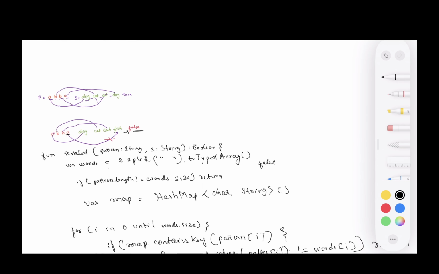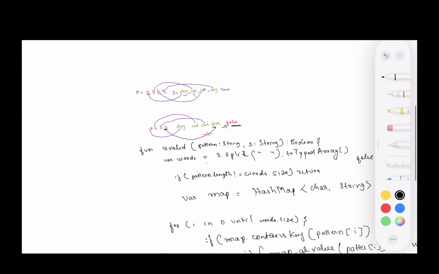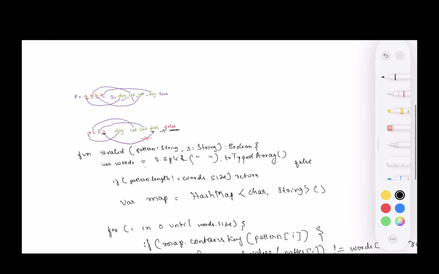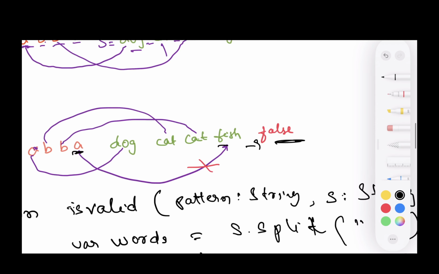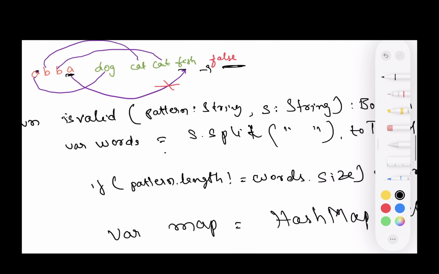For example, if we are storing, let me zoom in again. If this value is there in the map, and the key is not there, what does that mean? We are mapping a wrong one.